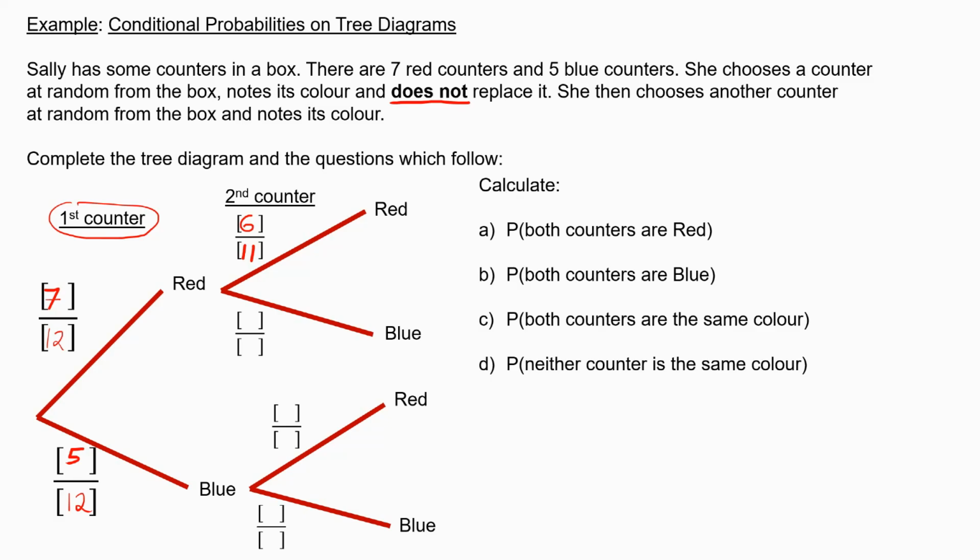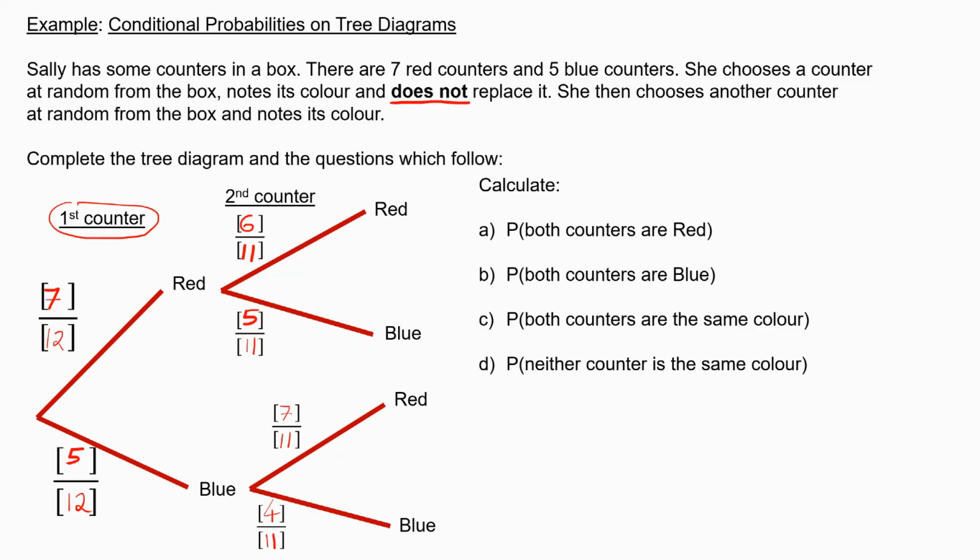This means that there are still 5 blue counters, but there are only 11 counters in the box, so the next probability for blue is 5 elevenths. Now following the first blue branch, if she takes a blue out of the box, there are only 11 counters left, and there are 7 reds, but now there are only 4 blue counters out of 11 counters.